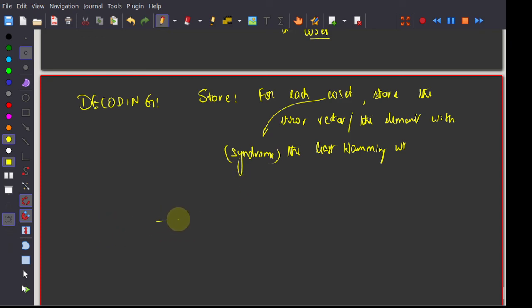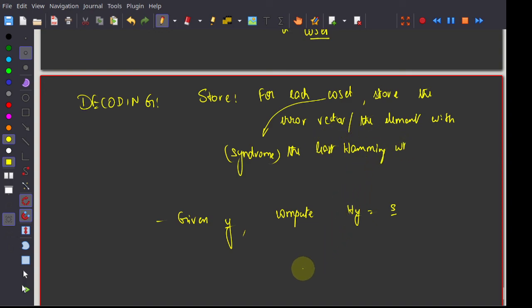So how does the decoder work? Given the received vector y, you compute H times y. This is the syndrome of y. Given this syndrome, you know which coset it belongs to, and for this coset, you know what the error vector should be.